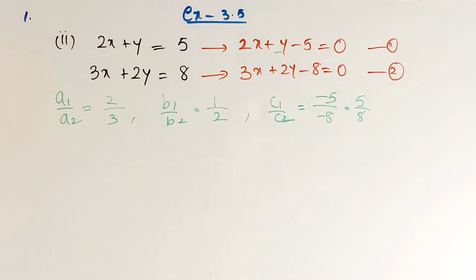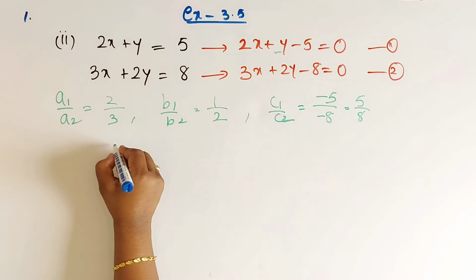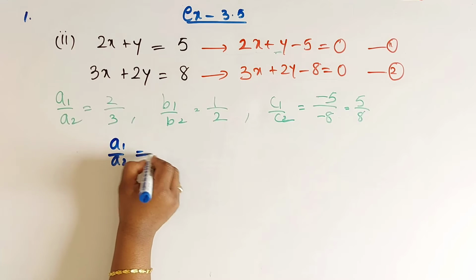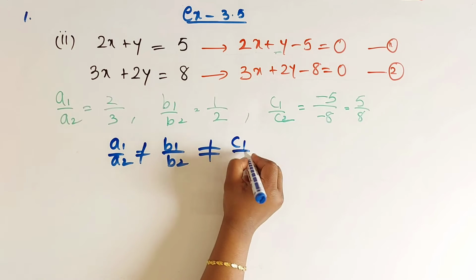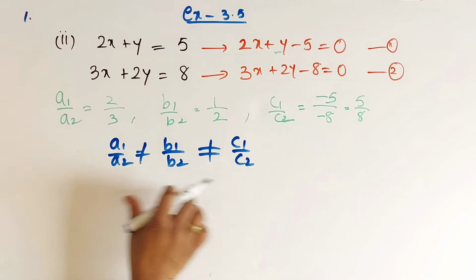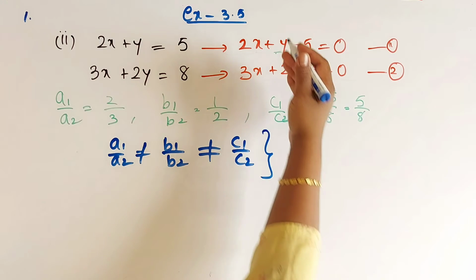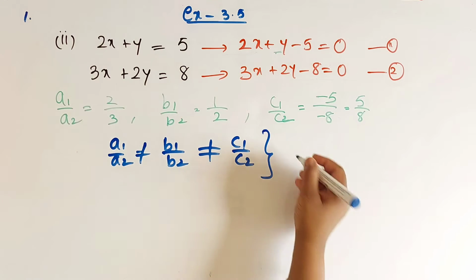Now see the ratios. a1 by a2 is 2 by 3. b1 by b2 is 1 by 2. c1 by c2 is 5 by 8. So these ratios are not at all equal. If the ratios are not equal, it means the pair of linear equations are intersecting lines.